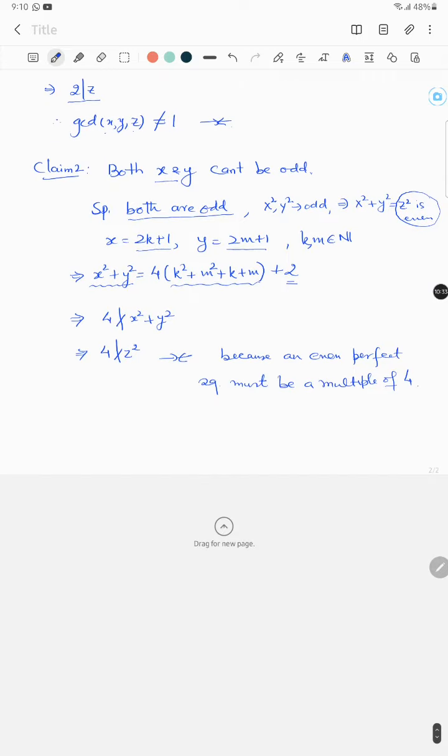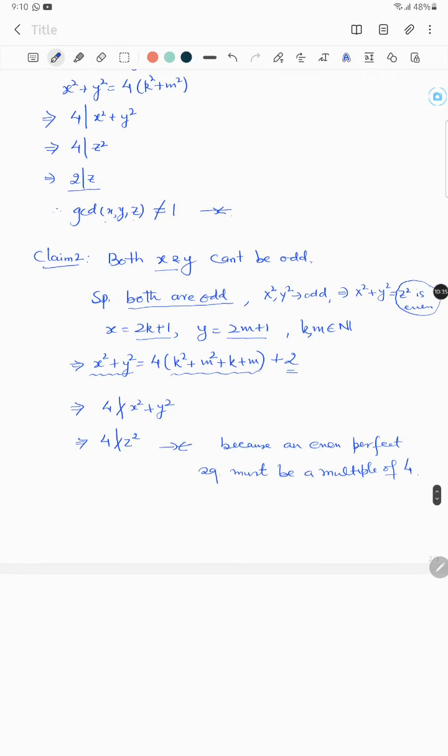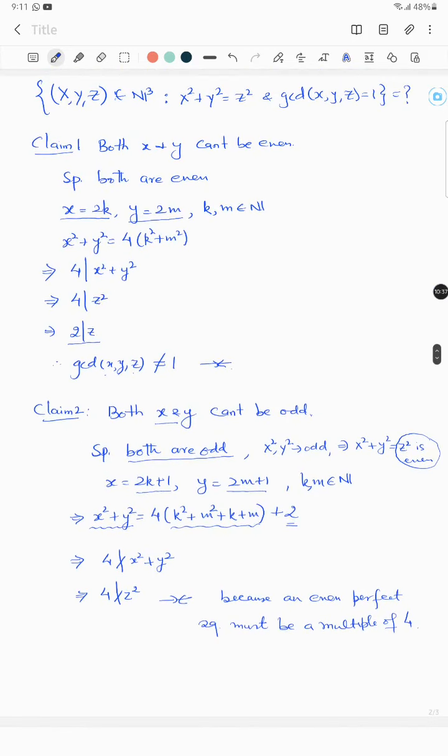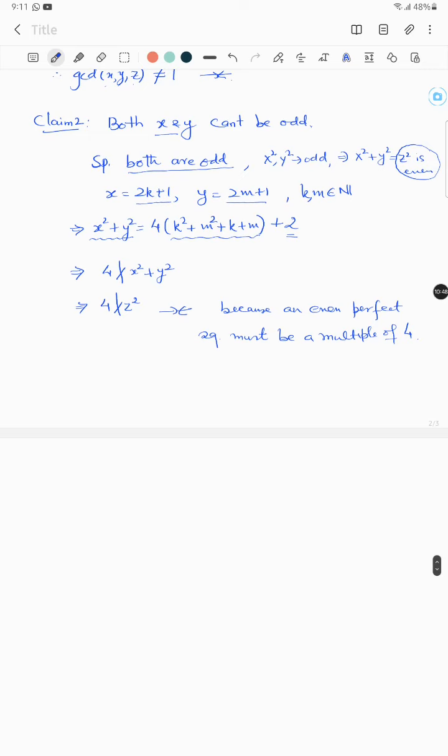Okay, so from both claim first and claim second, we can conclude that x and y cannot be of the same parity. If one is even, the other one has to be odd. So without loss of generality, we assume that x is odd and y is even.